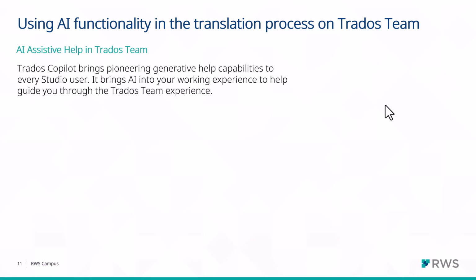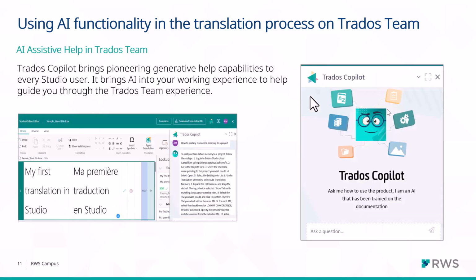On Trados Cloud, we can only talk about an AI assistive help that is represented by Trados Copilot. This function brings pioneering generative help capabilities to every Studio user. It brings AI into the work experience to help guide you through the Trados Cloud experience.